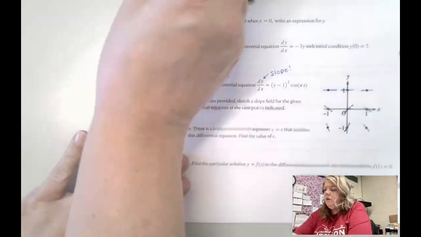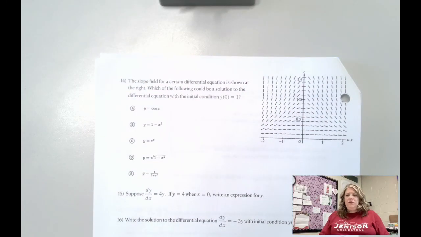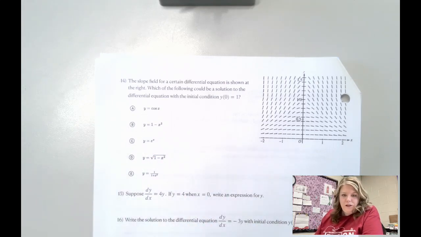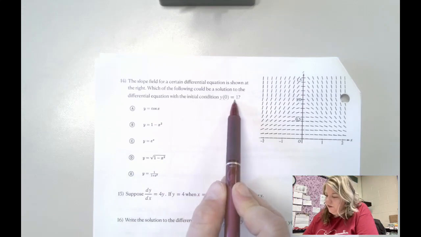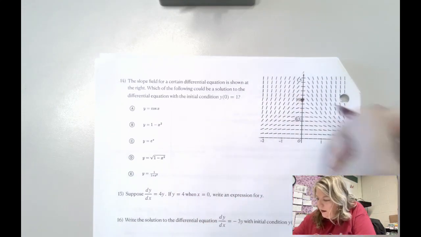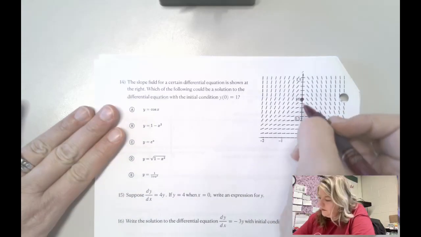The only other one that we could maybe talk about in this same video is number 14 with the slope field. It says pick which one of these equations might come from this slope field. And it gives me an initial condition of the coordinate 0, 1. So that's this right here. What I would do is sketch what this graph might look like if this is its slope field.